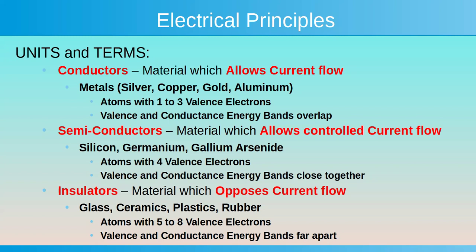When you get down to a semiconductor, the valence and the conduction band are separated slightly. So it takes some energy to move an electron to the conduction energy band. And that energy comes from an outside force like heat, or photons hitting it.